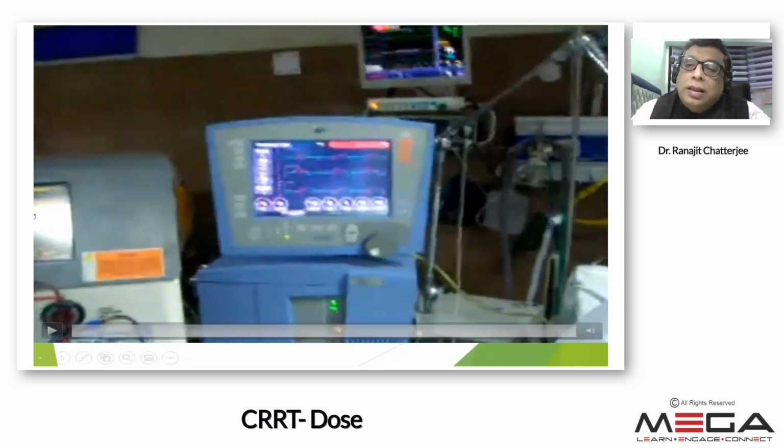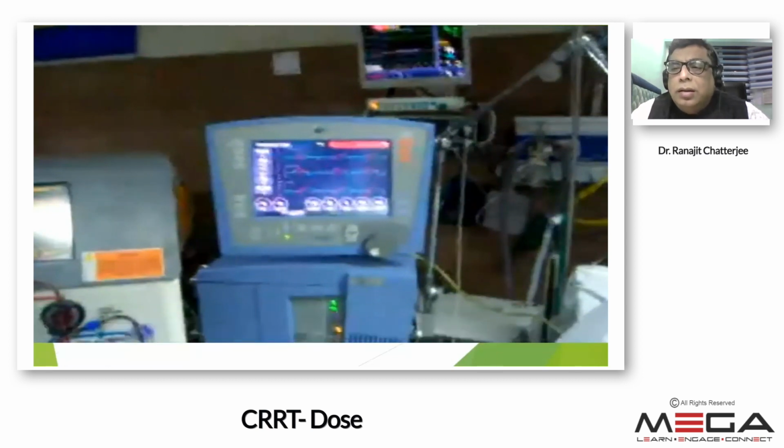So as you can see, the patient came with ARDS, AKI, pulmonary edema, was in volume overload and in severe sepsis with multi-organ failure, and renal support was given with the help of this Prisma machine.